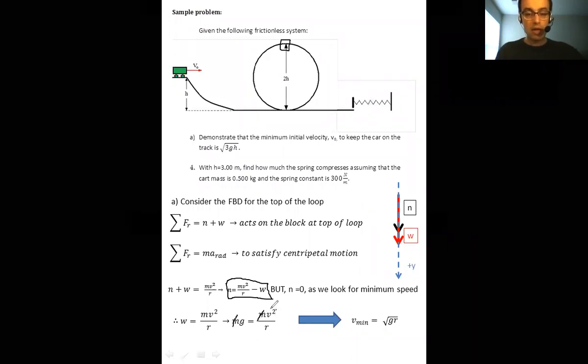We rearrange, solving for v squared, and we find that v minimum, which is what we're trying to find here, is equal to the square root of g times r. We multiply both sides by r, we have v squared equals g times r, so v equals the square root of gr.